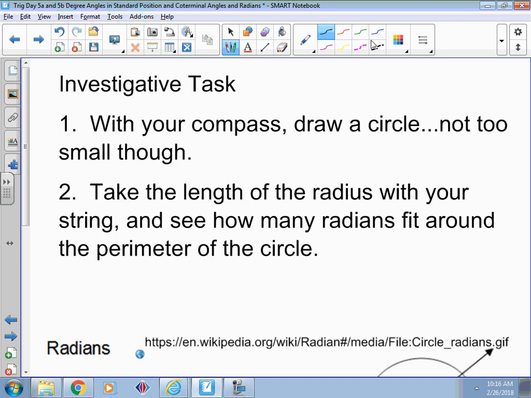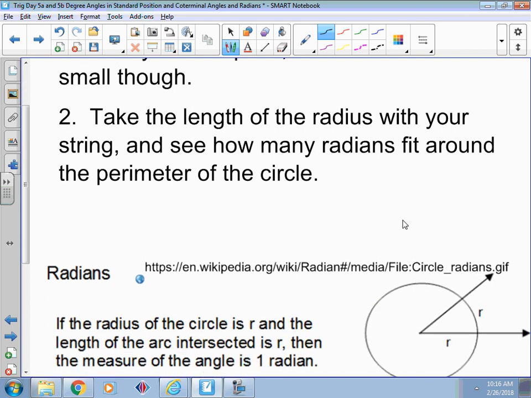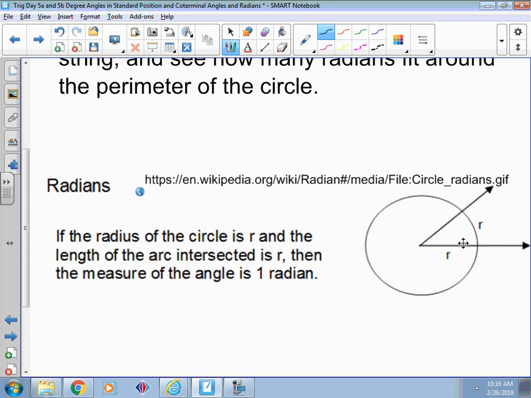So if you draw a circle with your compass, okay, and make sure it's not too small, find the length of your radius with a piece of string and see how many radians fit around the perimeter of the circle. Literally pause the video, try that out. Okay, so you are going to take your circle. It's a very, very disproportionate circle.